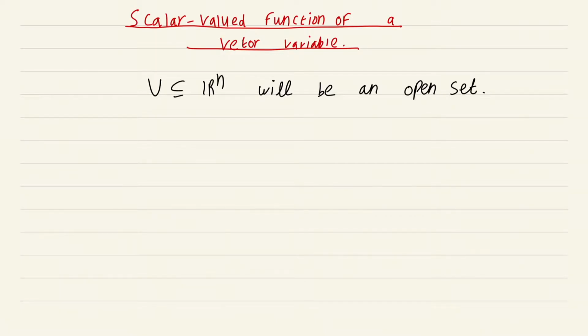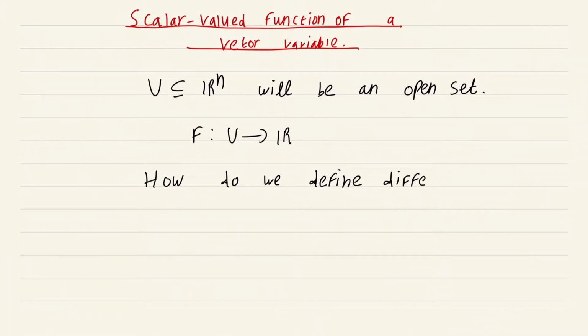So our aim is to now study a function f from U to R, more precisely to study the differentiability of such a function. Now the first question that arises is, how do we define differentiability in this situation? One complication that arises is because we cannot divide by a vector.